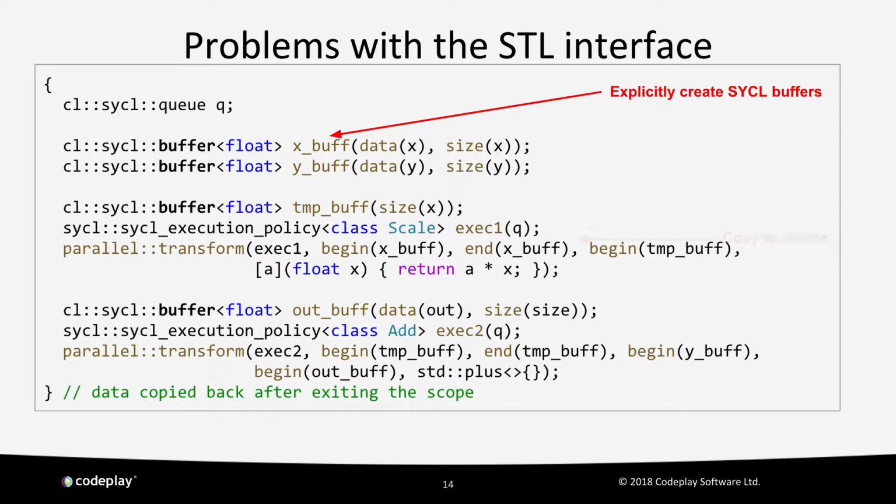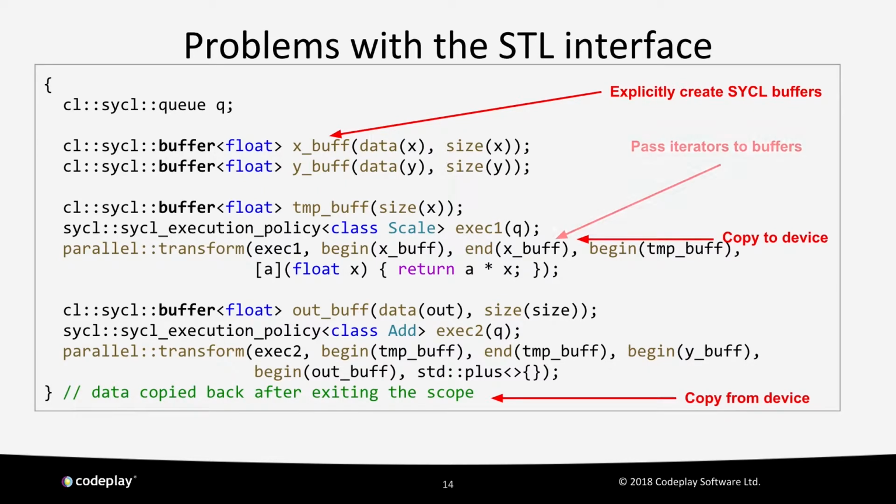They're copied to the device at the first use of an execution policy, and then they're only copied back once they go out of scope because the destructor is invoked and then everything is returned. And you should notice that we're passing iterators to the buffers rather than to the vectors x and y because for implementation reasons, passing the iterators to the vectors would be invalid.